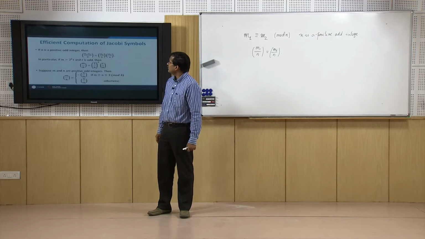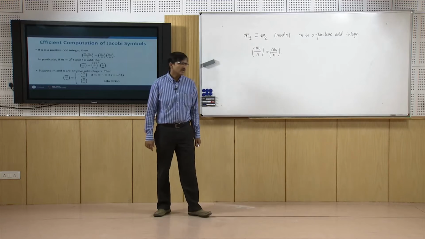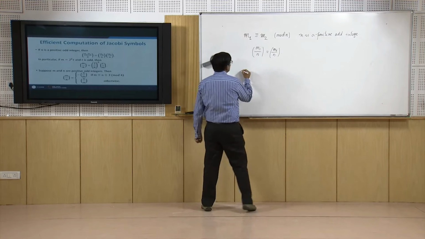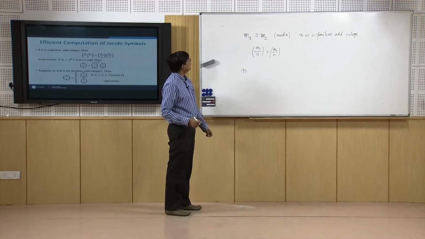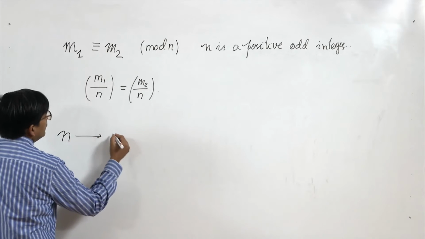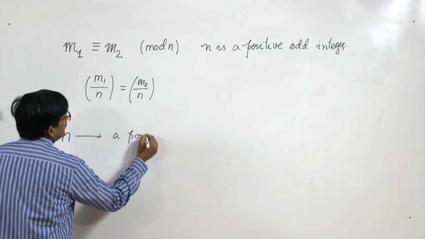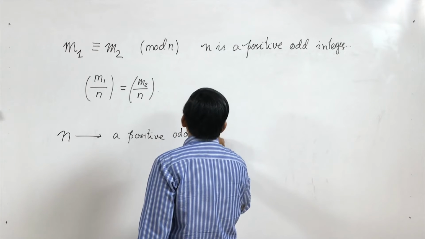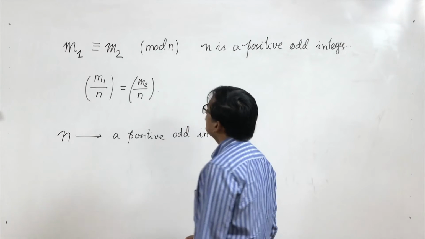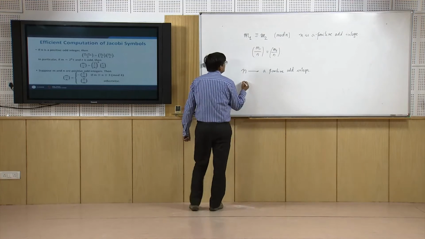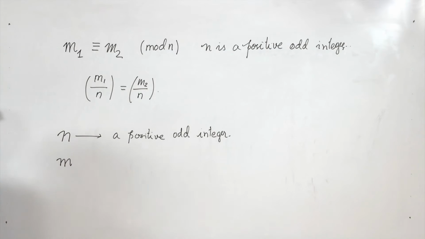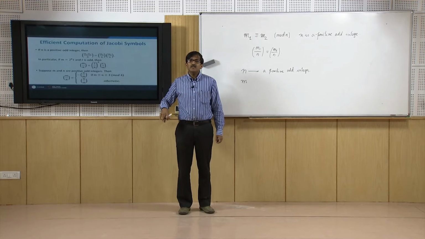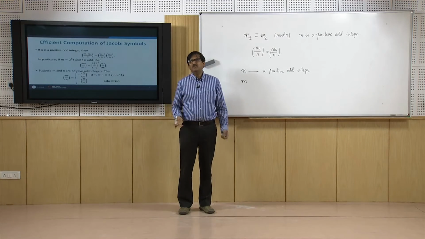Let me explain this a little more. This is something that we have very often. So suppose we know that n, that is something that is going to be in my denominator, is a positive odd integer. Now the integer m, which is on the numerator, need not be odd, it may be even.